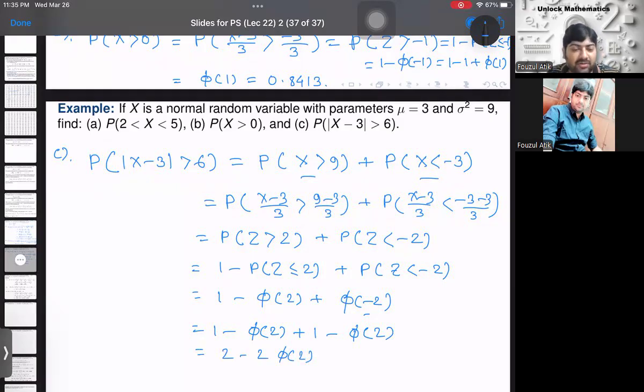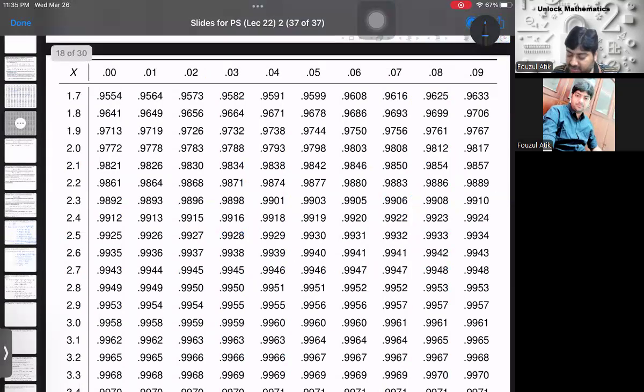But how will you calculate the phi of 2, because in general we cannot do the integration. So again we'll use the standard normal table. We'll go back to the table. So phi of 2 is here, 2 means 2.0. So we have this value as 0.9772, right?